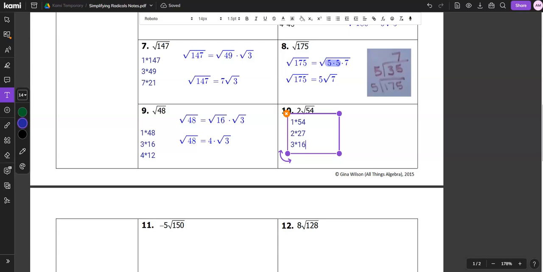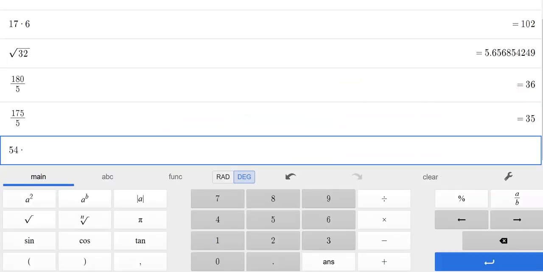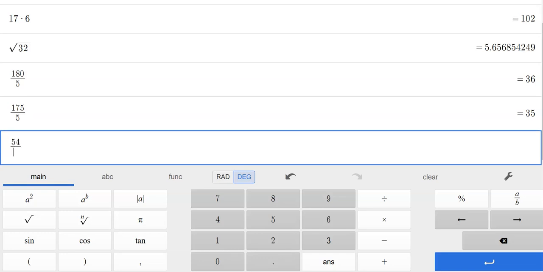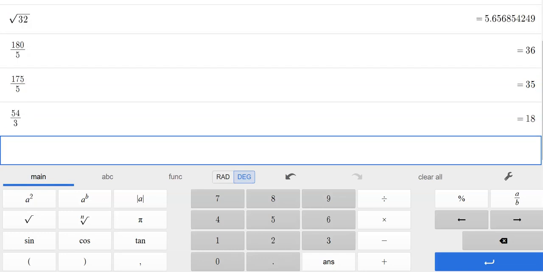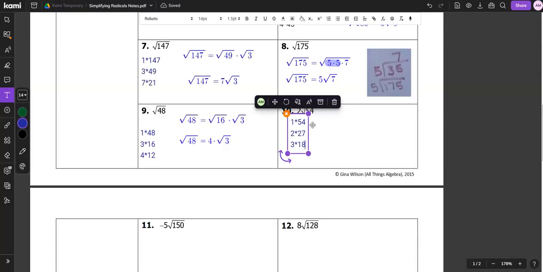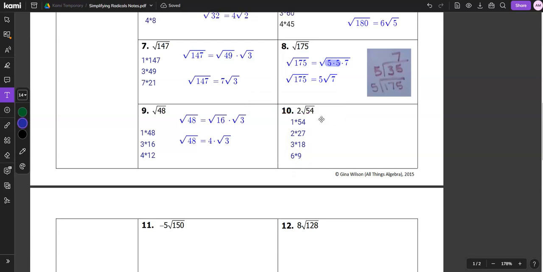Let me double check. Darn. That's okay. It happens. Let's see. It's not divisible by 4. It's not divisible by 5. It is divisible by 6. So we have 6 times 9. And our earliest perfect square is 9.